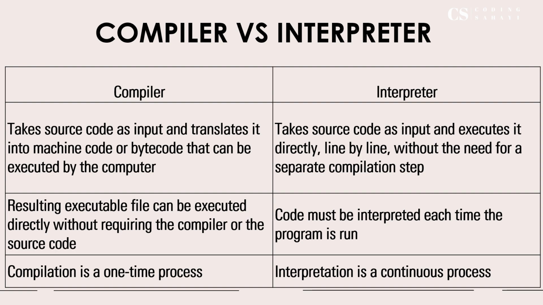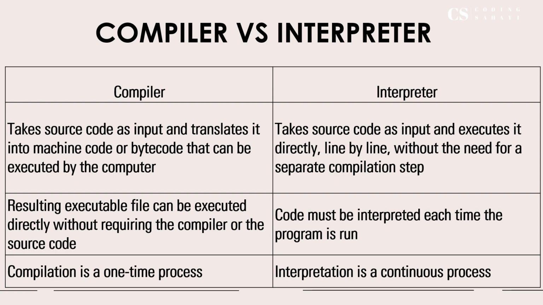So in the case of a compiler, the resulting executable file can be executed directly without the compiler or source code. It can be executed directly. Compiler and source code are not required. But in the case of an interpreter, the code must be interpreted every time. So it requires the interpreter every time for conversion.